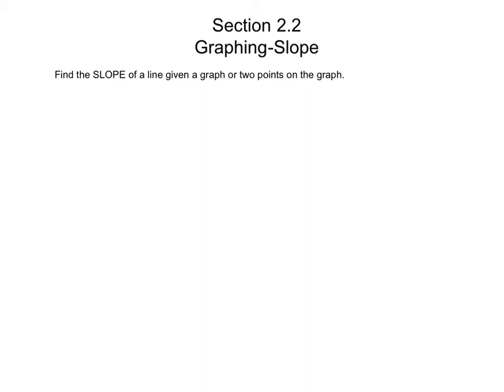Our task is going to be to try to find the slope of a line if we're given a graph, or if we're given just 2 points on that graph. And remember, we always read a line left to right. So, for example, if a line is going up like that, then the slope is positive.